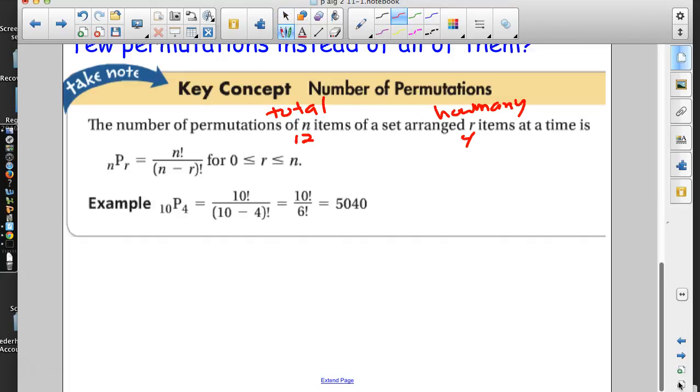In the example I just did, 12 factorial is the total number of files that I have to choose from. I didn't want to order them all. What I wanted to do was order just the first 4. So down here, I would have 12 minus 4 factorial.